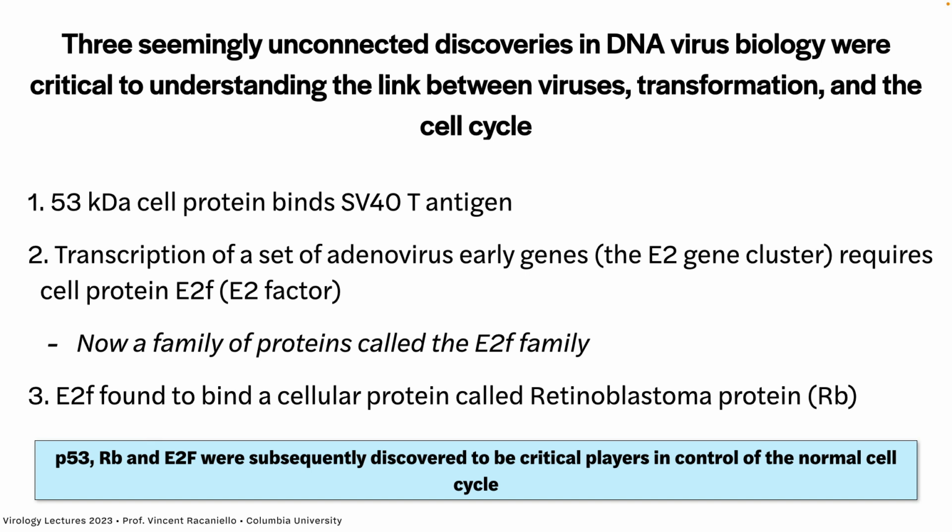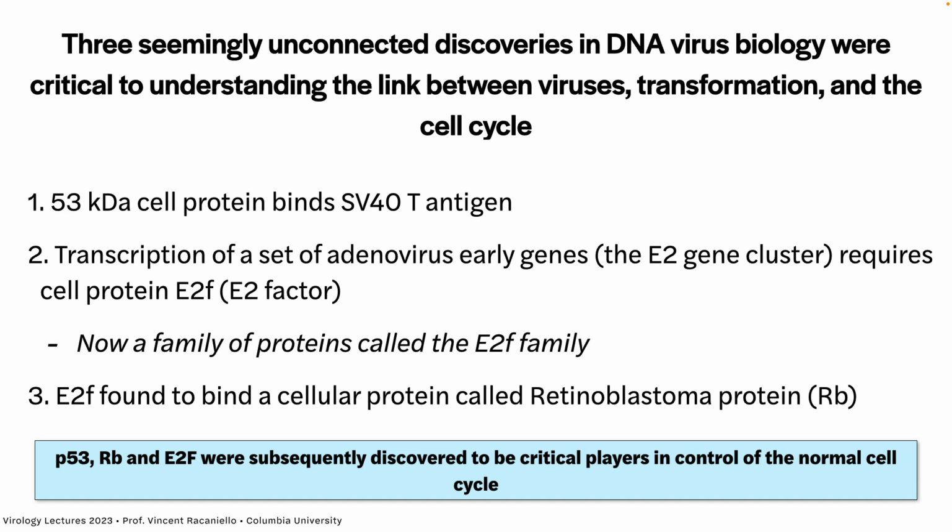Then people did additional work, of course, and they made 3 discoveries that made the connection between these viruses, the transformation, and the cell cycle. First, a 53 kilodalton protein was discovered to bind T antigen. This is the now famous P53, the gene for which is mutated in nearly every human cancer.